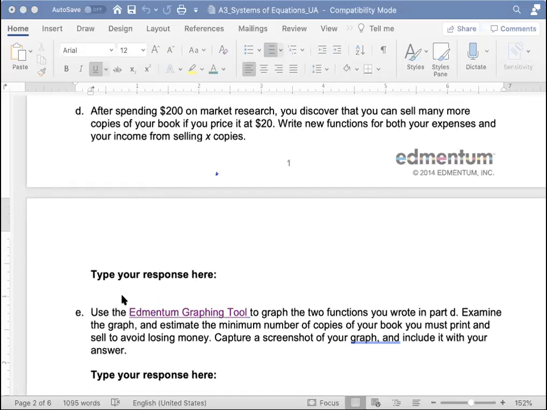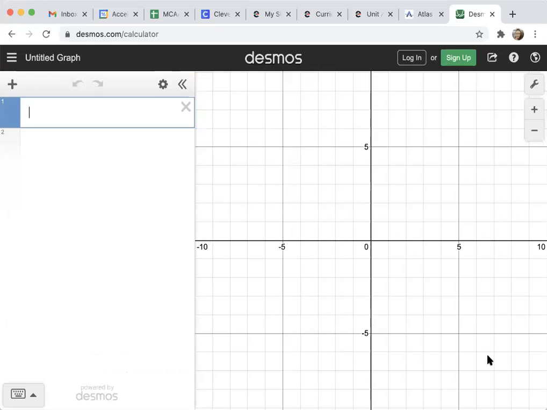I'm not sure if it's sharing the right thing or not. Okay, so now you should see the Desmos calculator or graphing thing, and it's just desmos.com. If you don't have access to the graphing thing in Edmentum, you can also use this.